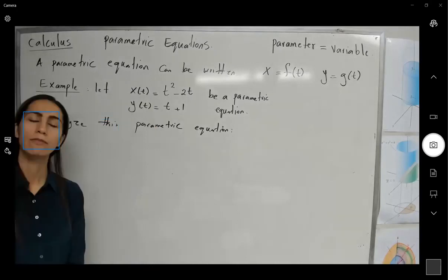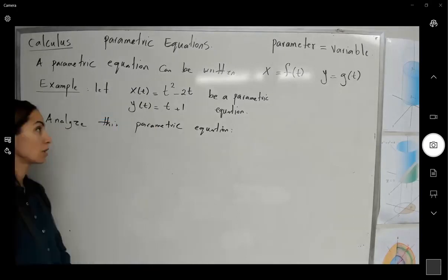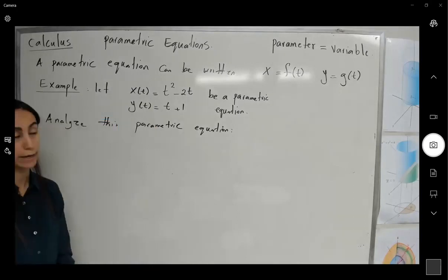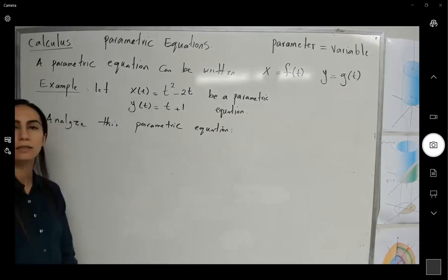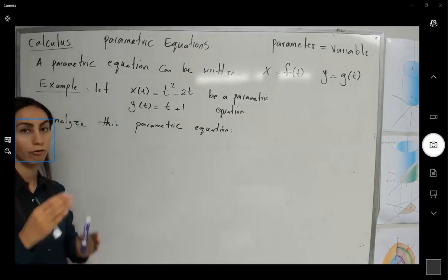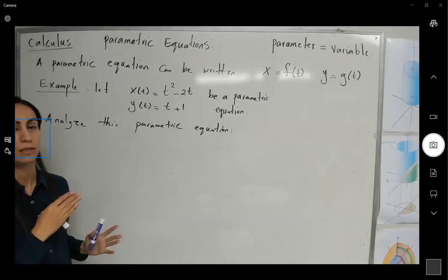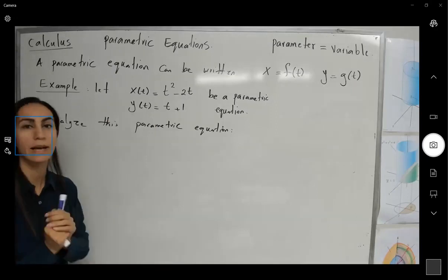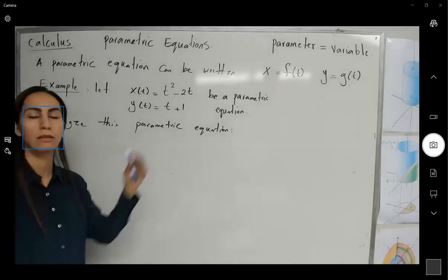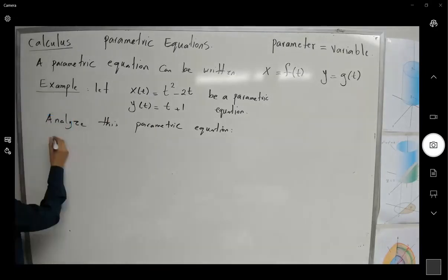We have different approaches. The very first approach is to plug in different values for your t, find x and y's, plot them into the xy plane, and graph it. So step 1. Graph it.